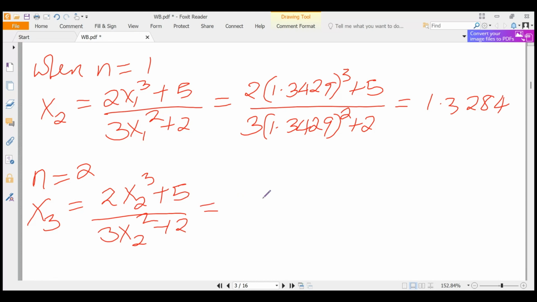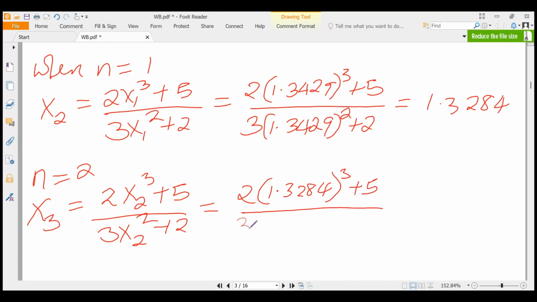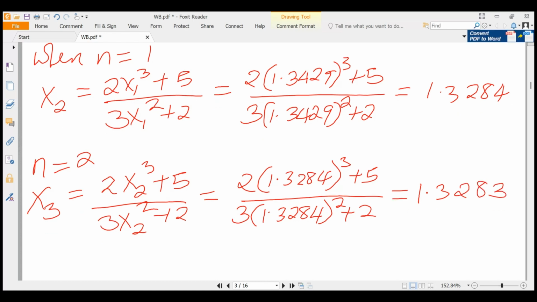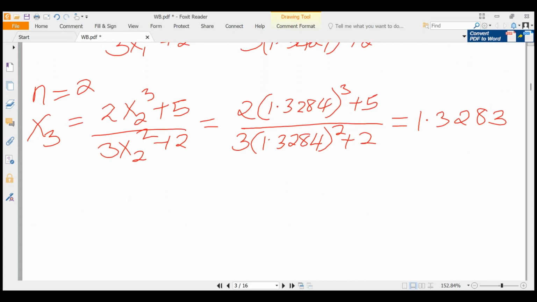Substituting the value of x2 that we have just obtained, 1.3284, we get 2 times 1.3284 raised to the power of 3 plus 5 divided by 3 times 1.3284 raised to the power of 2 plus 2. Working out this value, we get 1.3283, approximately correct to 4 decimal places.